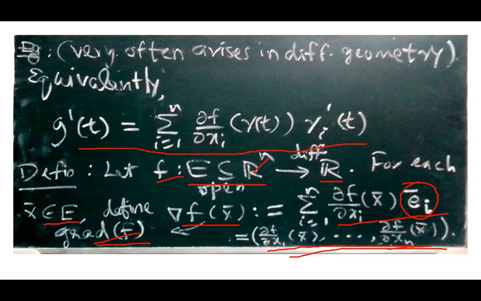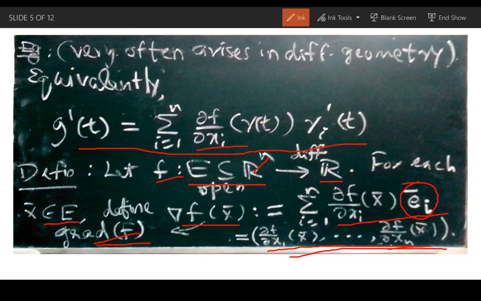g dash of t is sigma of dou f divided by dou xi at the point gamma of t into gamma i dash of t, then you sum over that. And dou f by dou xi, you take that n tuple, it is called the gradient of f.